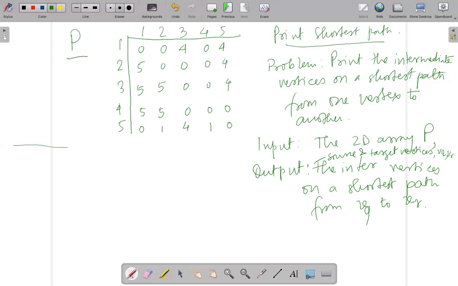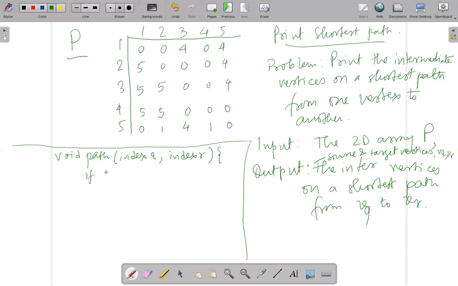Very simple. It's kind of a traversal on this matrix. Index Q and index R, these are the indices corresponding to the two nodes.